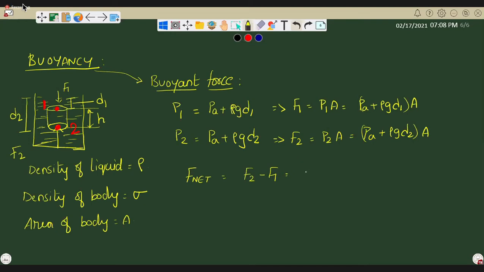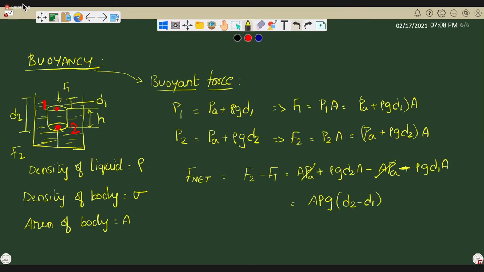So taking common: P atm A plus rho g D2 A minus P atm A minus rho g D1 A. This and this get cancelled. So A rho g I'm taking common, it is D2 minus D1.